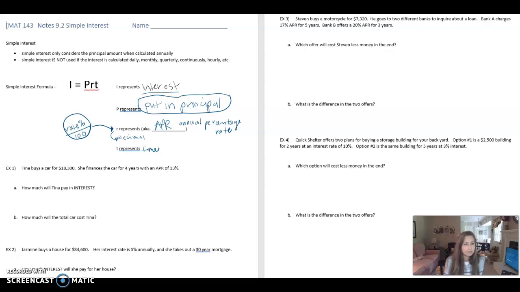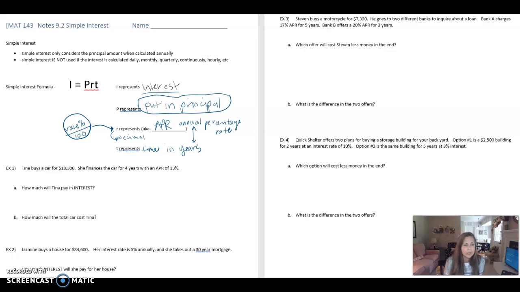And time is time, okay? Time is going to be in years, okay? That's important. Why? Because we were given an annual percentage rate. Annual means years. So these two words kind of bounce off of each other. Since it's an annual rate, the time has to be given in annual terms, which means years.